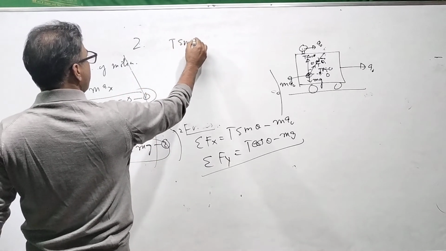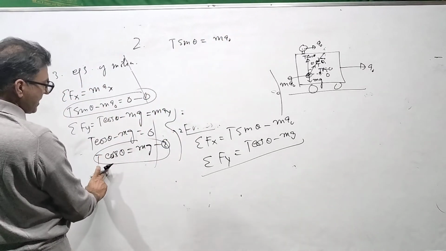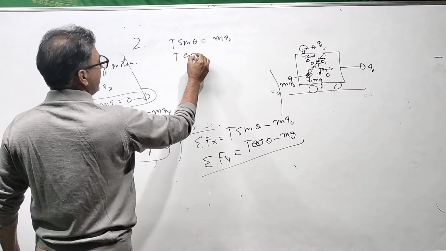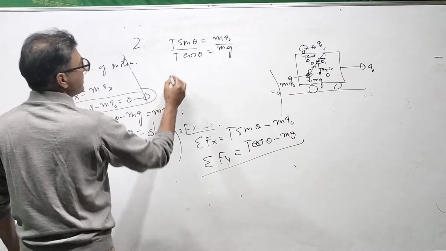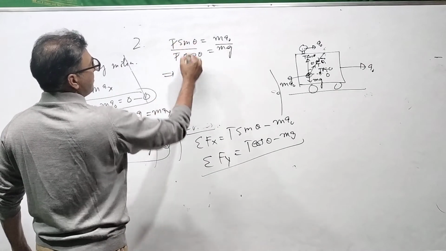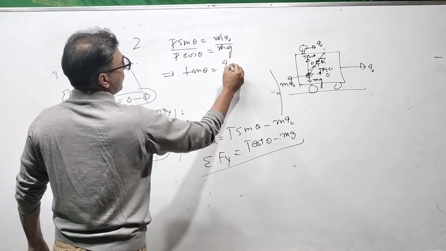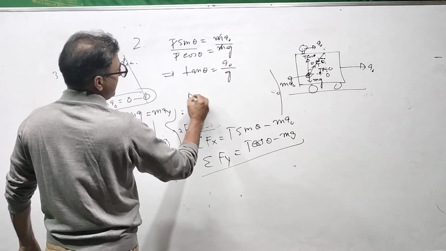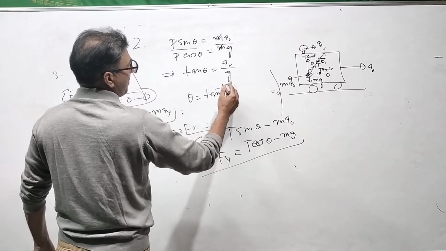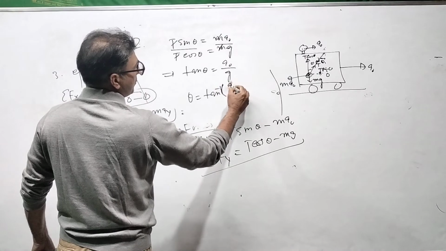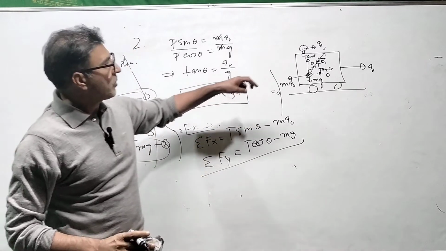T sin theta is equal to MA0 from here. What is equation 2? That is T cos theta is equal to mg. Dividing the two equations, this T will cancel. So tan theta is equal to A0 by g. Now what is theta? Theta is tan inverse A0 by g.